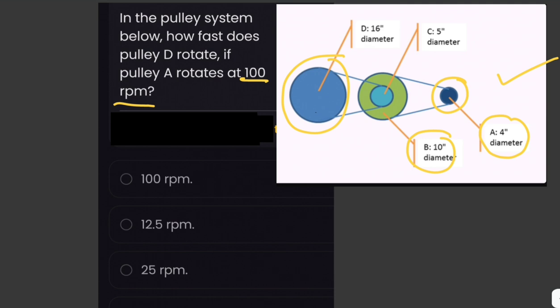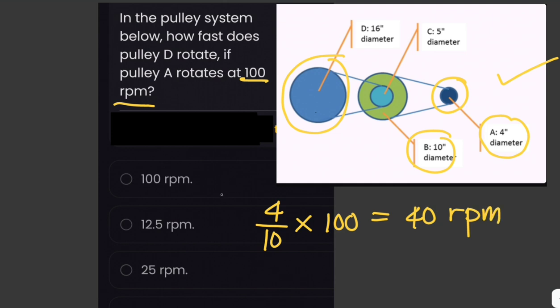So we get the ratio of their diameters and multiply it by the rotation of pulley A. That would be 4/10 times 100, which gives us 40 RPM for pulley B. Since pulley C is directly connected to B, it rotates at the same rate, which is also 40 revolutions per minute.